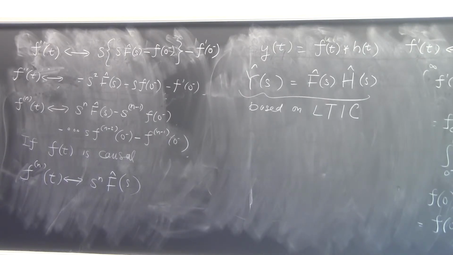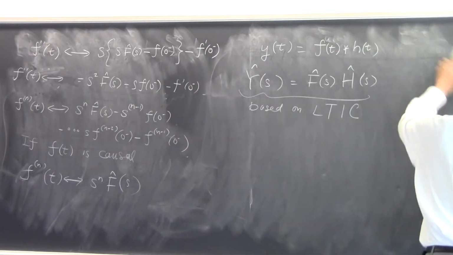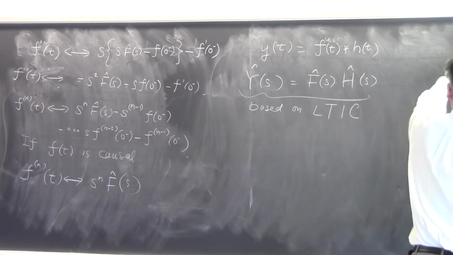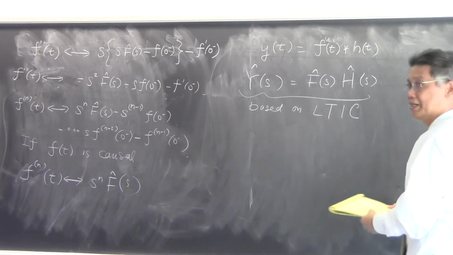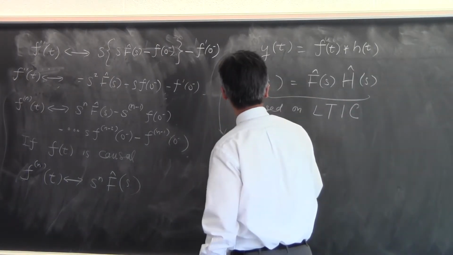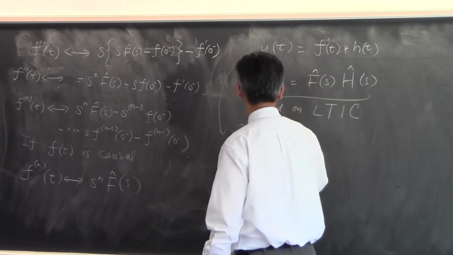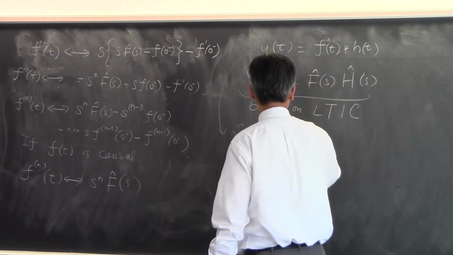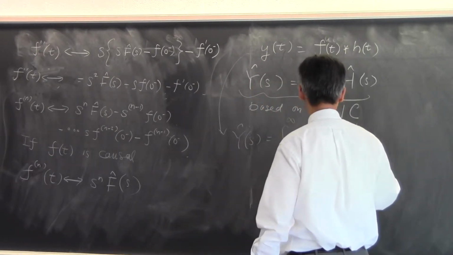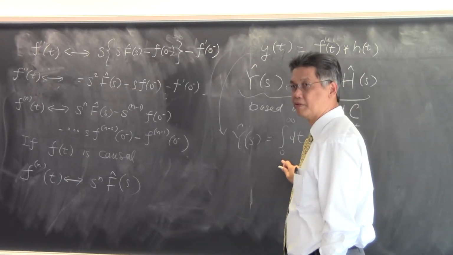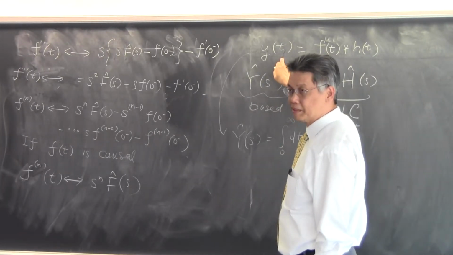I can derive this property again maybe, since I have 5 minutes left. You can see where causality comes in. I can find the Laplace transform of the left-hand side, which will be equal to the integral from 0 to infinity dt y of t e to the minus st. Because the input is causal, this must be causal.